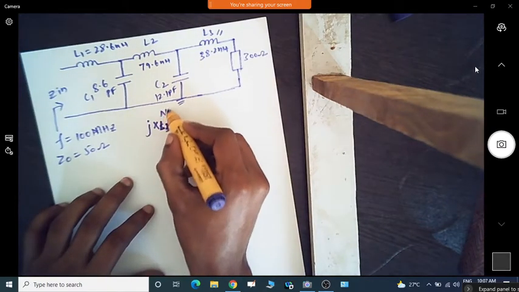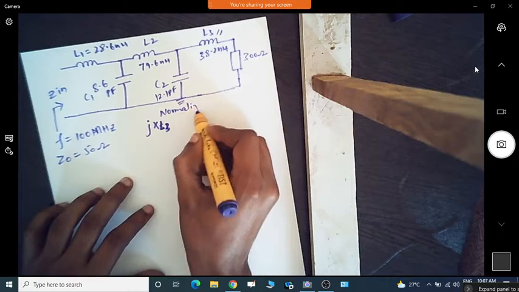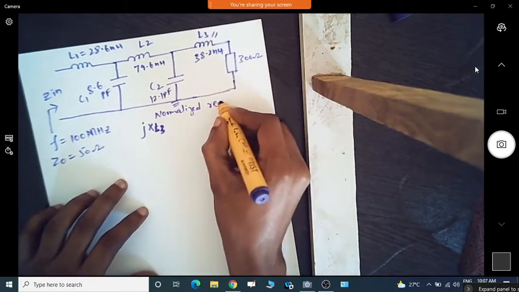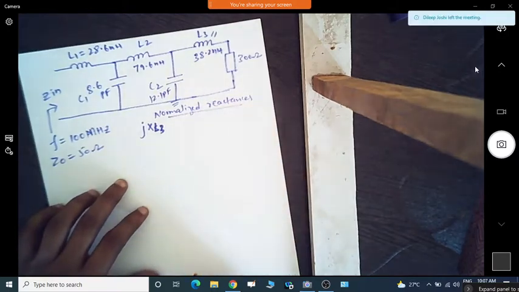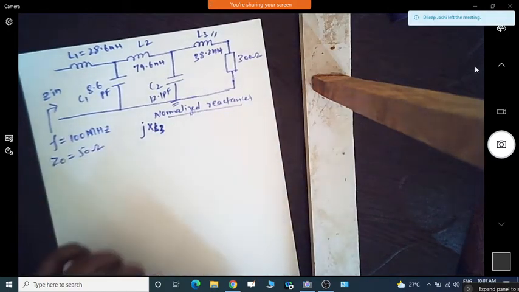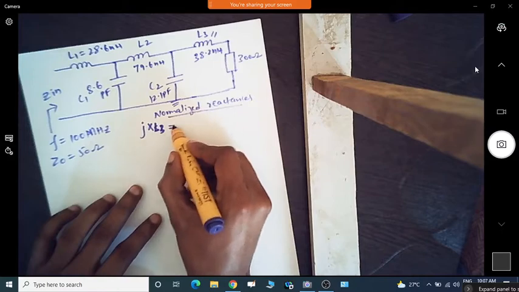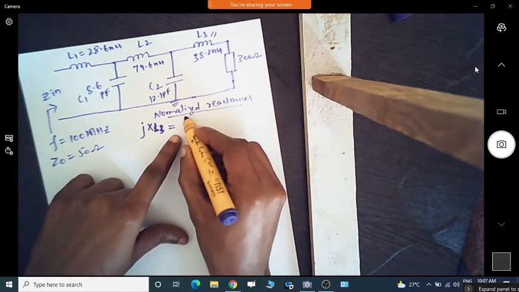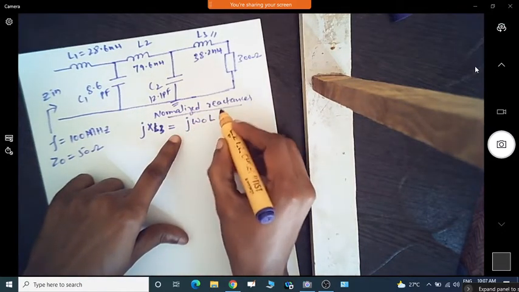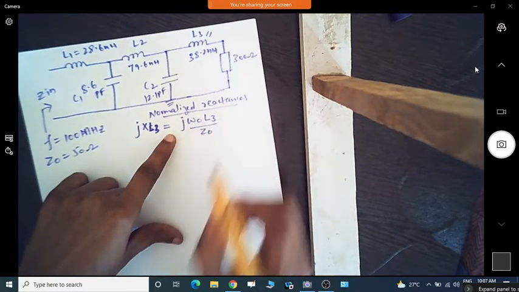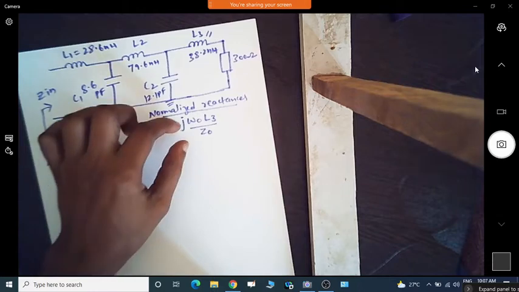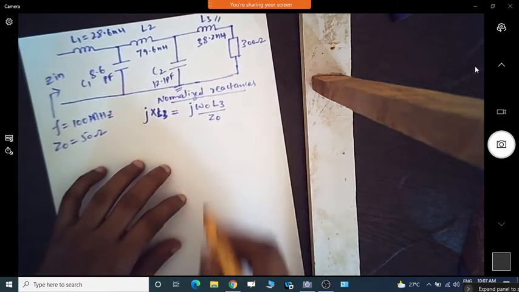The equation is j omega naught L3 divided by Z0.